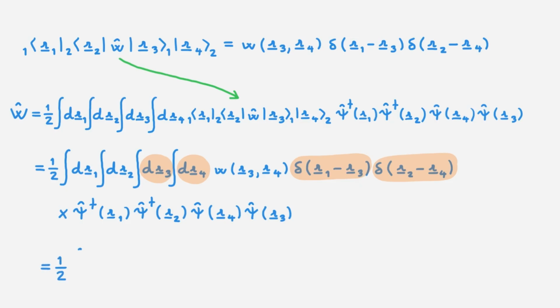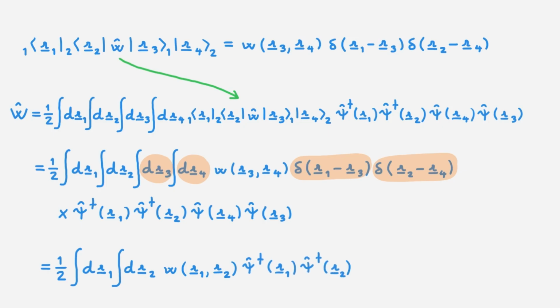We end up with an integral over R1 and an integral over R2 of W of R1, R2 times this pair of creation operators and this pair of annihilation operators. And that's it. This is our interaction potential in terms of field operators.